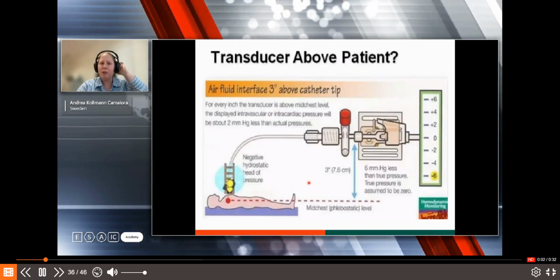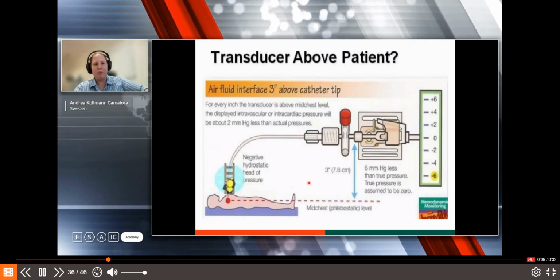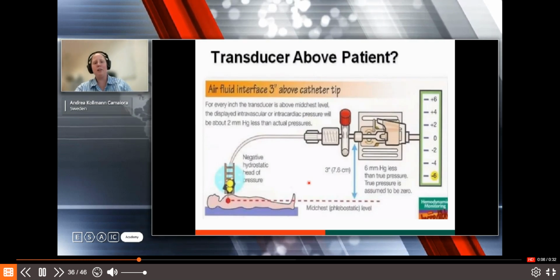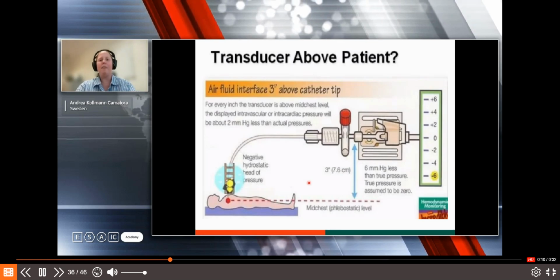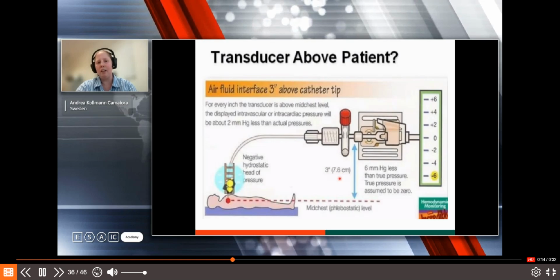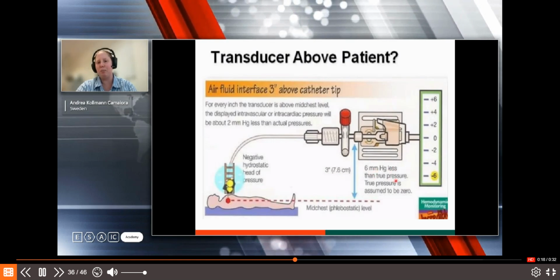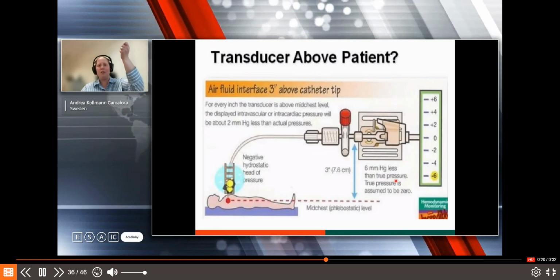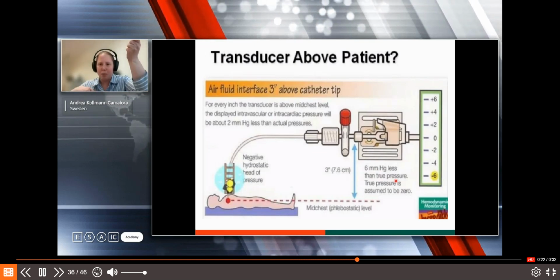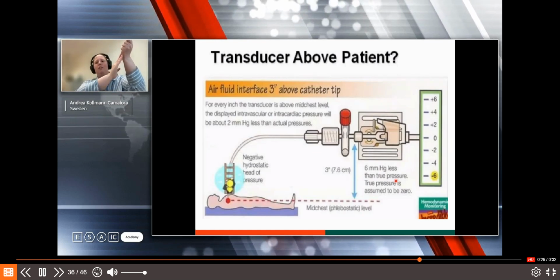Then we have the situation of what happens if my transducer is above the patient or below the patient. So if the transducer is above the patient, then for every 3 inches, you get 6 millimeters of mercury less than true pressure. Because think, if my transducer is up here and I'm measuring the pressure, well, it takes much more effort to get to where the transducer is.